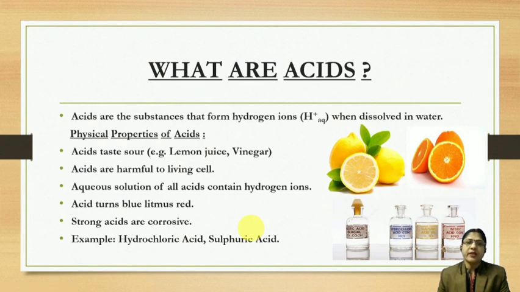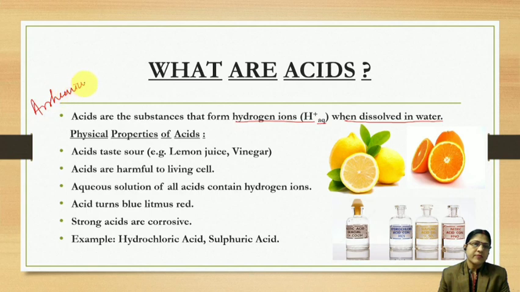Let us come to what are acids. You all are very familiar with acids. So what are acids? Acids are the substances that form hydrogen ions, H plus aqua, meaning associated with water, when dissolved in water. This concept of acids is the Arrhenius concept.